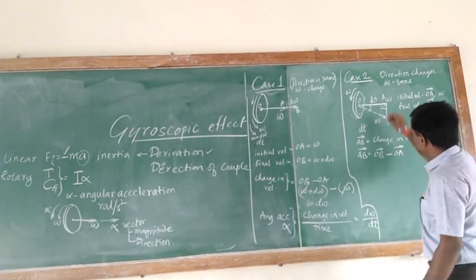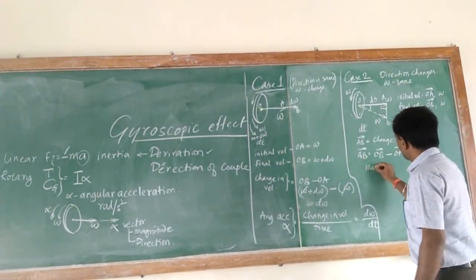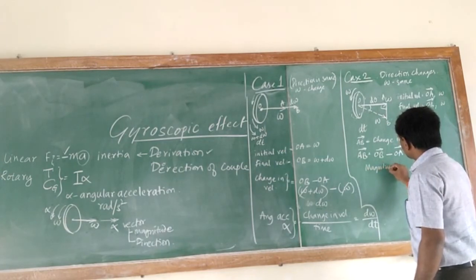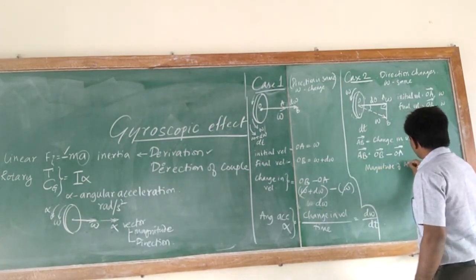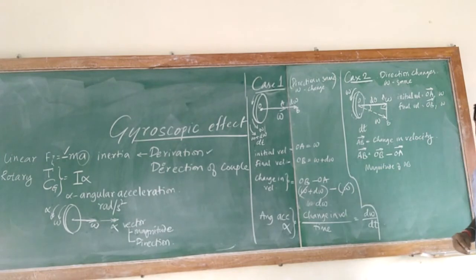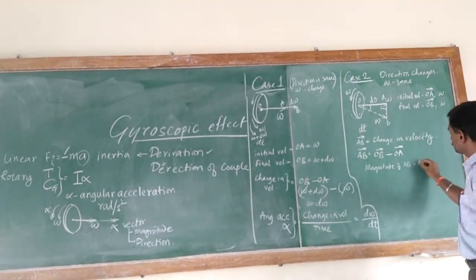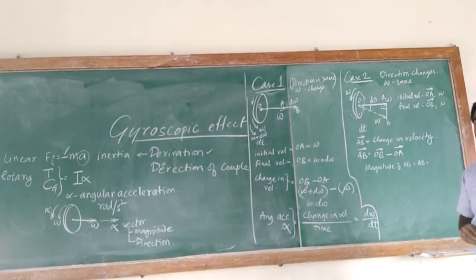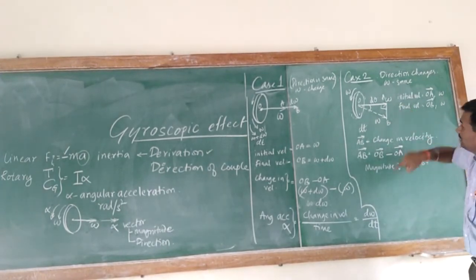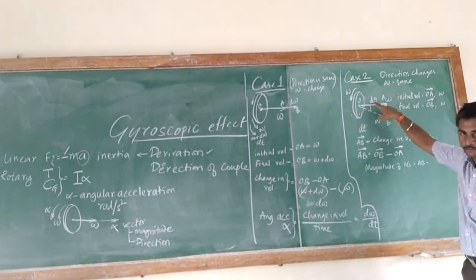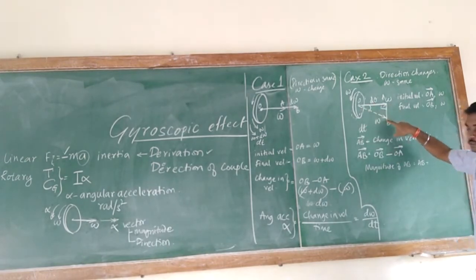What is the magnitude of AB? It is equal to the AB length. Now to find AB length, you have to use trigonometry. This is the hypotenuse. This is the angle. Which ratio should we take? Sine.